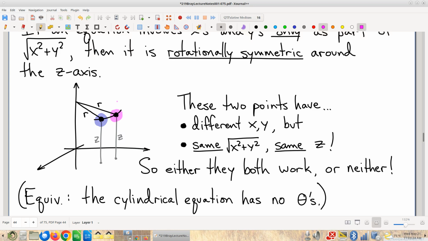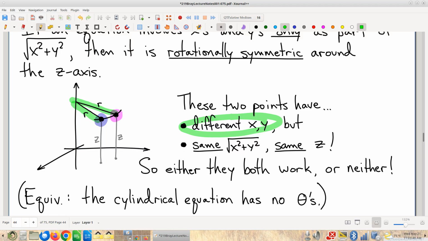They have different x and y coordinates. When you plug the x, y, and z coordinates into the equation, you're plugging in different numbers. So it's not immediately obvious that everything's going to work out. But here's the thing. The x and the y, while they are different x and y, but the x and y are what allow us to compute these two distances.